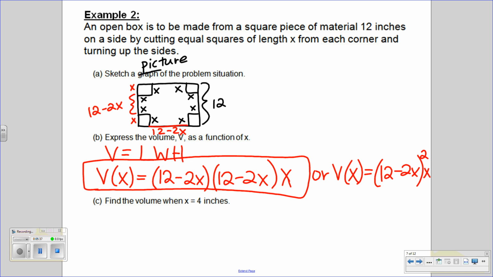All right, so it says find the volume when x equals 4 inches. So all we're going to do is plug in 4 into our function. So we're going to do 12 minus 2 times 4 squared, and then times 4.